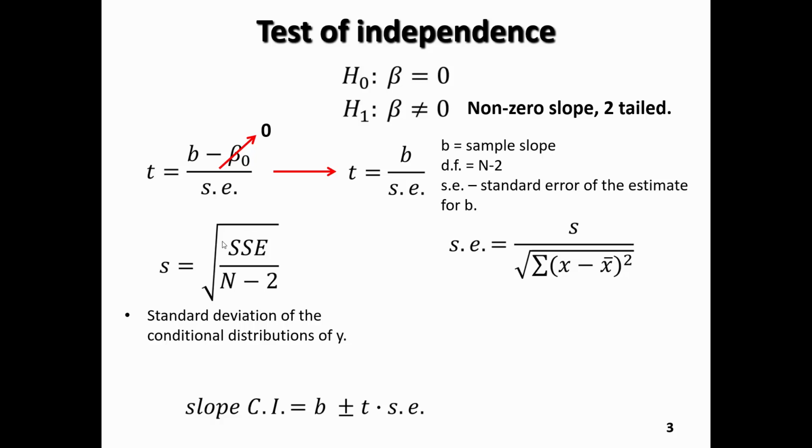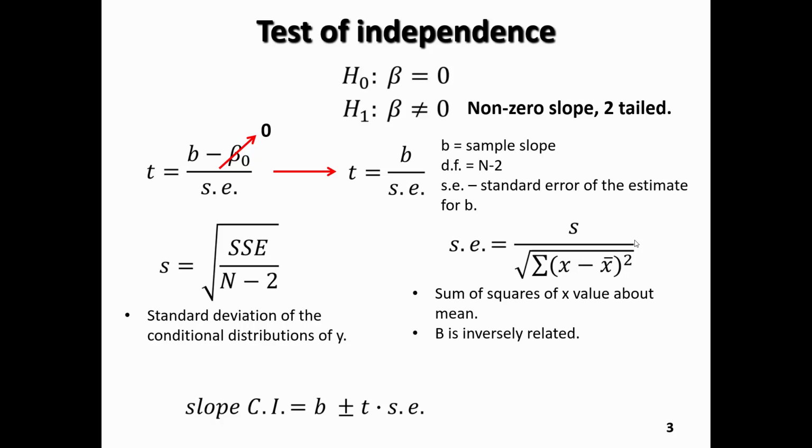We extract data from a computer printout where we get the sum of squares error term, and we divide that by the degrees of freedom, which is n minus 2, compute the square root of that, and then we use that value in the determination of the standard error, where the denominator is simply the sum of squares of the x values about the mean, taken to the square root.